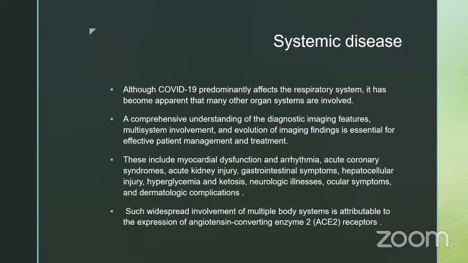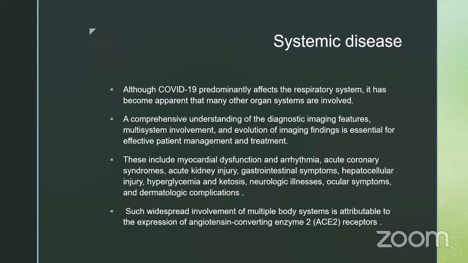Coming to the systemic involvement, although we know COVID predominantly affects the respiratory system, it has become apparent that many other organ systems are involved. A comprehensive understanding of the diagnostic imaging features, multi-system involvement, and evolution of the imaging findings is essential in patient management.